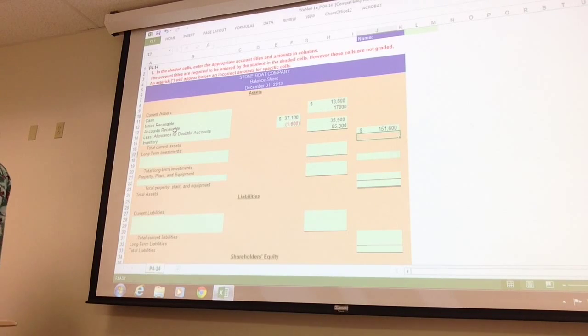No? All right, long-term investments. They have two long-term investments. It tells you in here that they have an affiliate. So this is a subsidiary. It could be wholly owned or not. You wouldn't really know until you got to the stockholders' equity section.